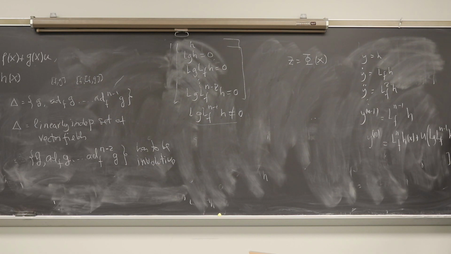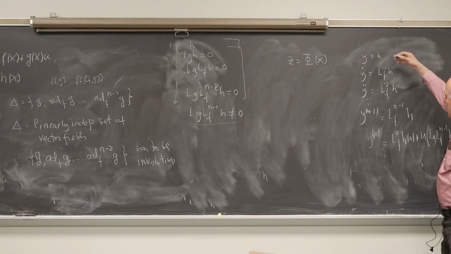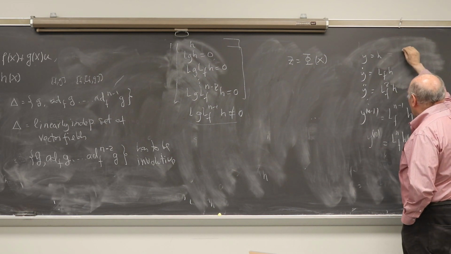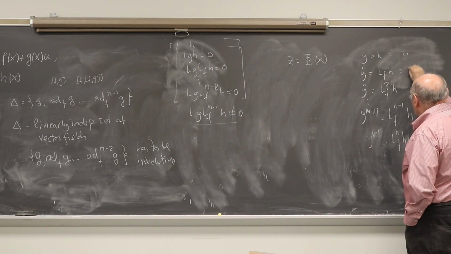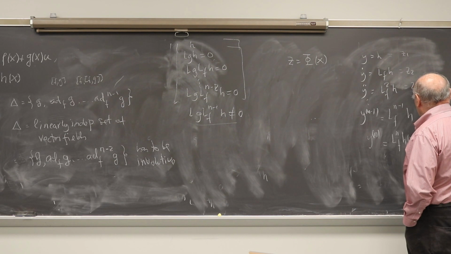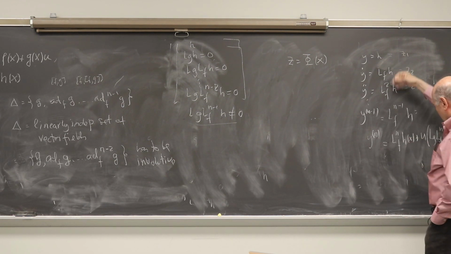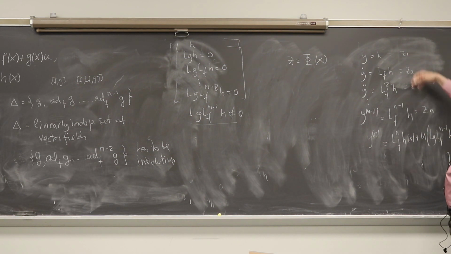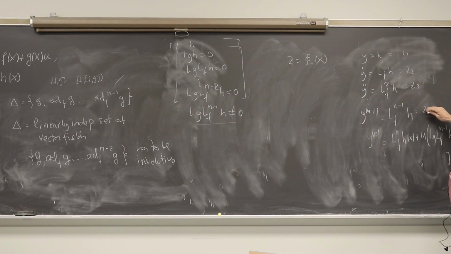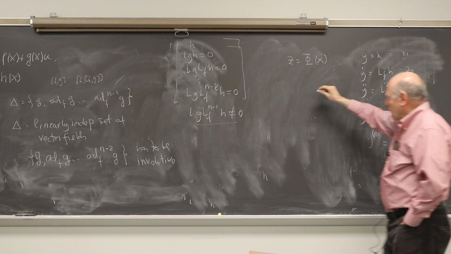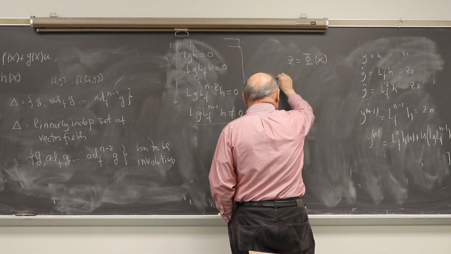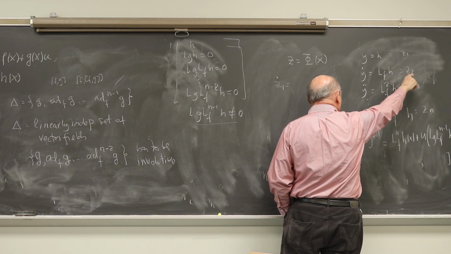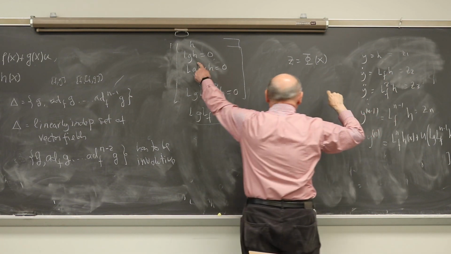So this is how the control will enter, and all these functions can now be called C1, C2, C3, new coordinates, because they are functions only of the state, and I will have n of them up to this point. So if I take the derivative of C1, I will obtain LF of H, because it doesn't depend on U, so LG of H will be 0.